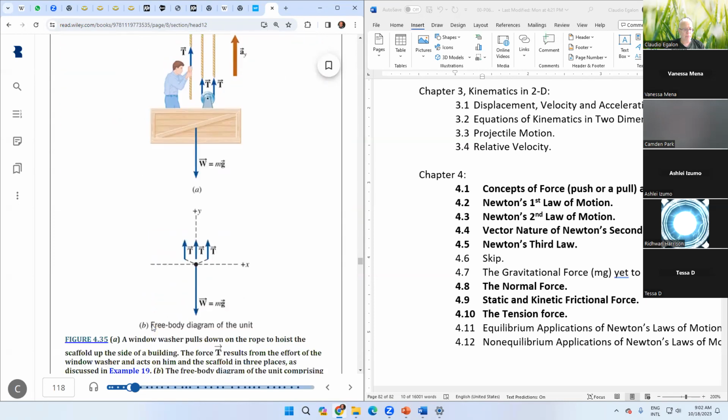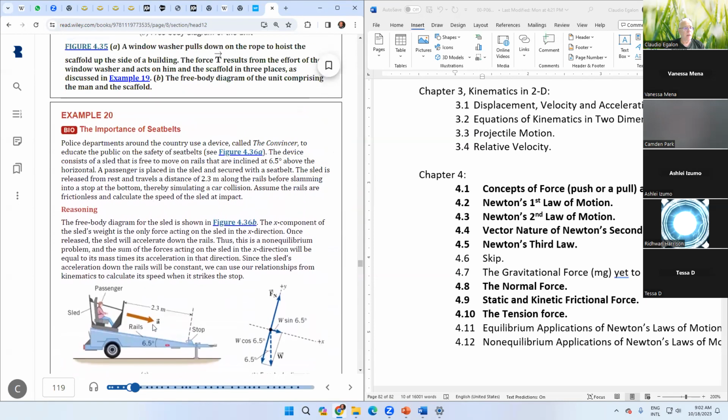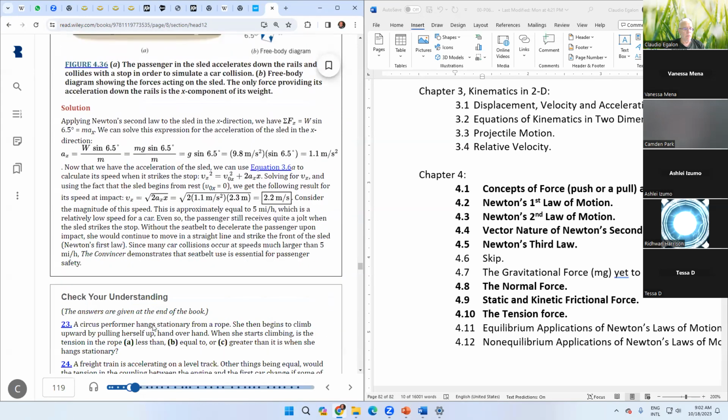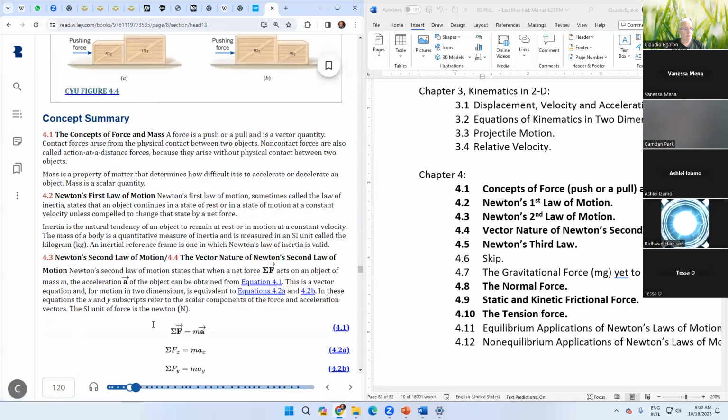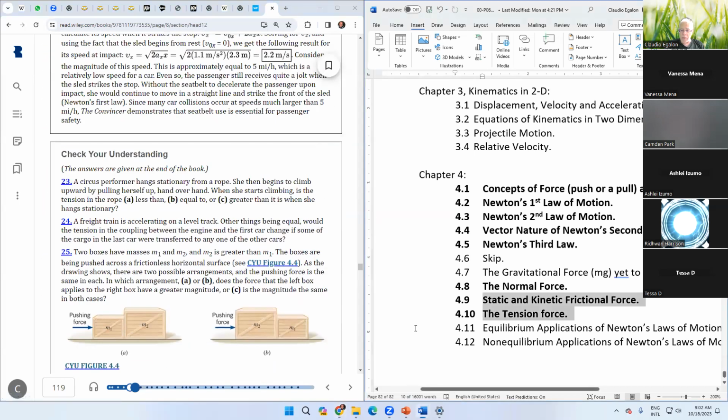Another example. And okay, so I'm going to boldface that.